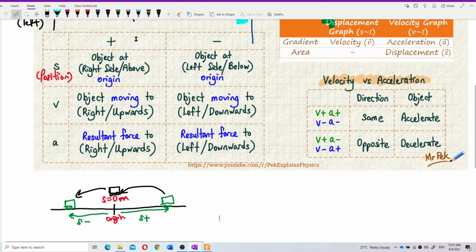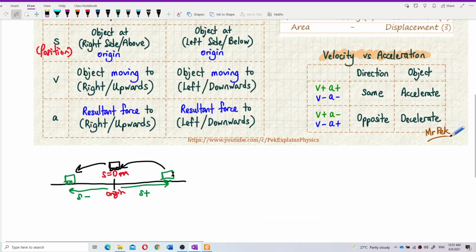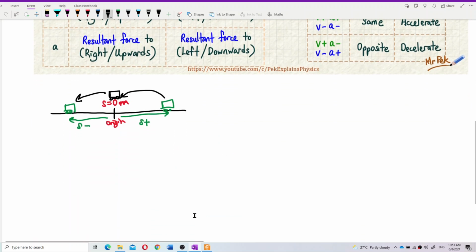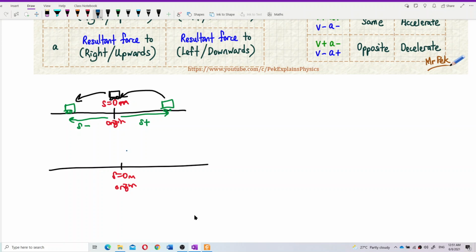So let me give one example like this. Maybe this is the origin. Let's say now I have a car going to the right, and then it returns to here.